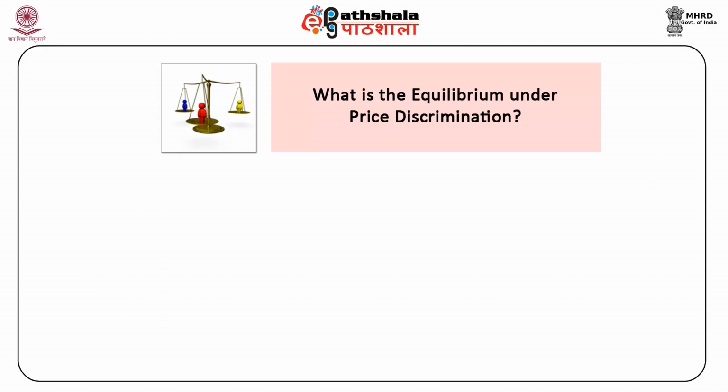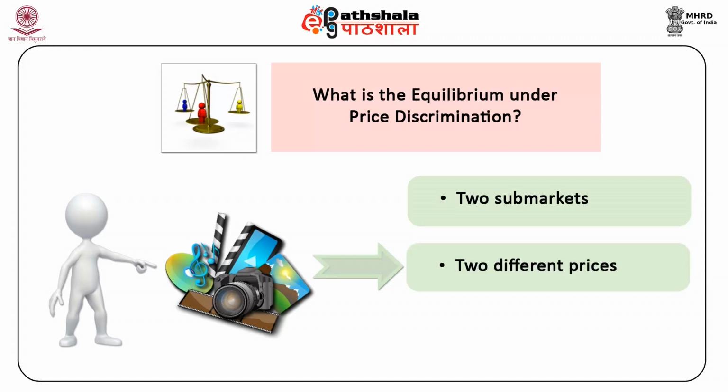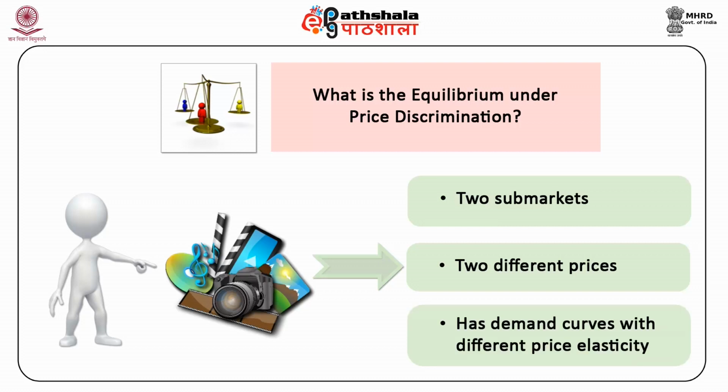What is the equilibrium under price discrimination? We start with the simple case of a monopolist who sells his commodity in two sub-markets at two different prices. Each of the sub-markets has a demand curve with different price elasticity.